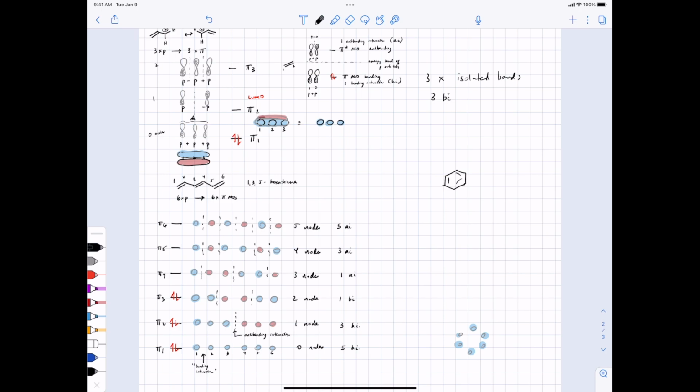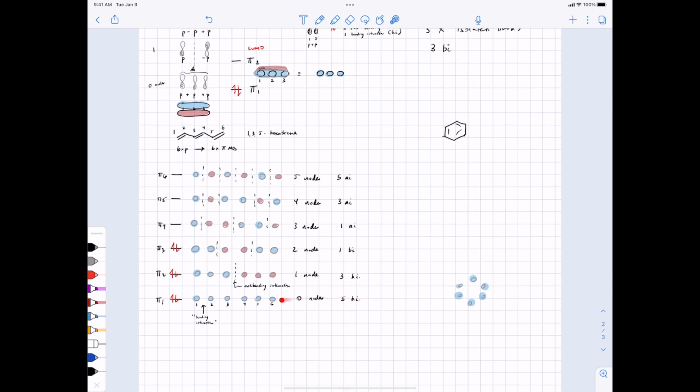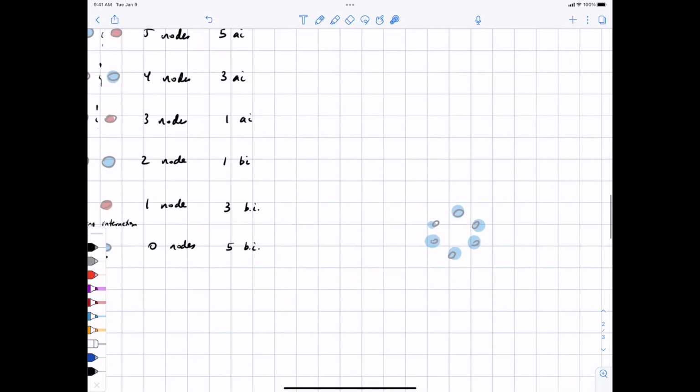You connect them via conjugation, and you get something that's much more stable than 3 isolated pi bonds. So you get some bonus stability.